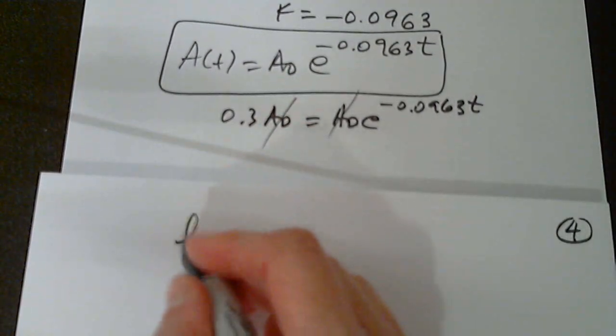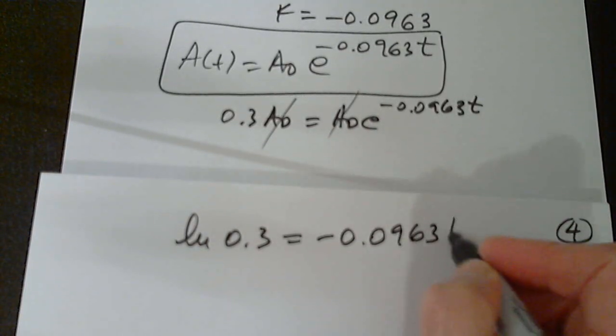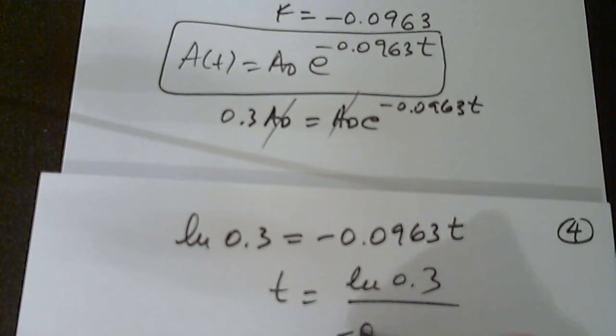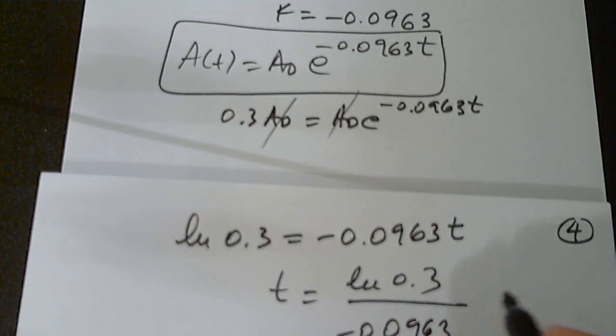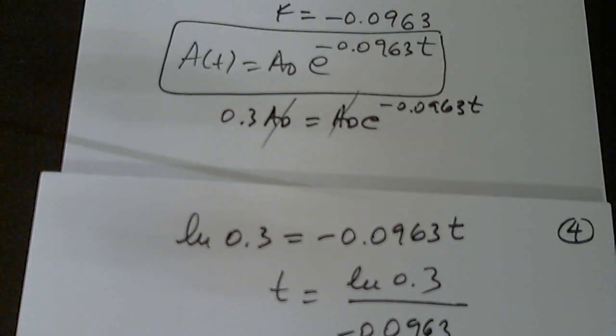So we apply natural log to both sides, of course, and here, negative 0.0963t. So then t equals natural log 0.3 over this. Make sure you do not get a negative number for time. Okay, so we have natural log 0.3 divided by, the best thing to do is, if you still have this number in there, divide by parentheses the previous answer.